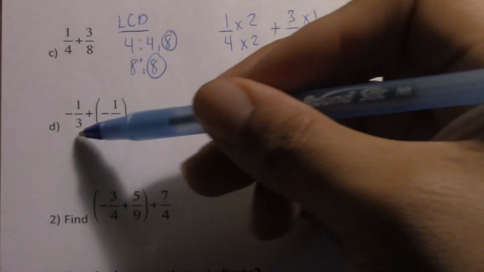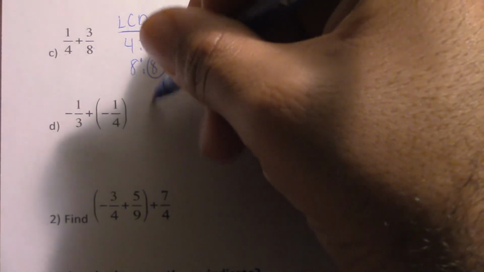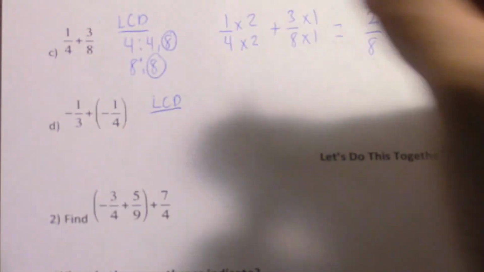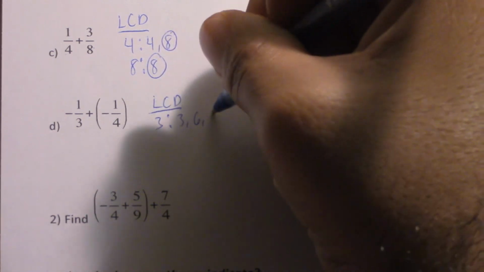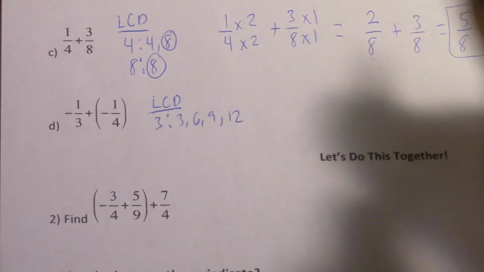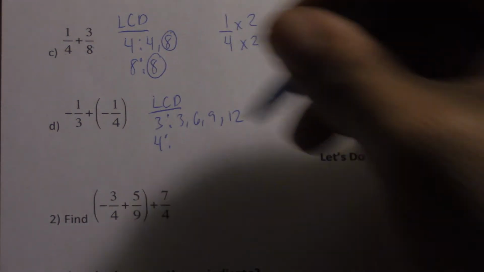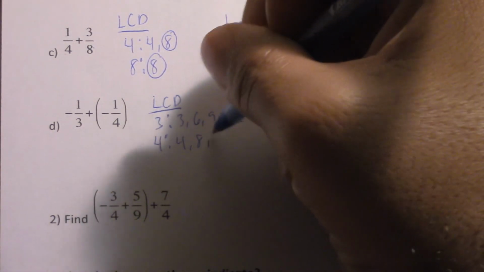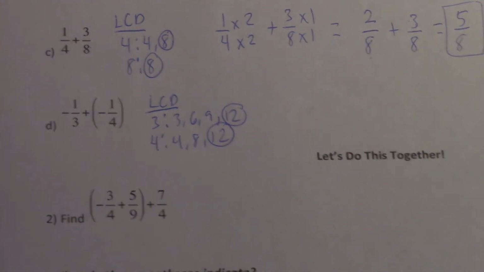We have -1/3 plus -1/4. Looks complicated, it's not. Let's write our LCDs. Some common multiples of 3 include 3, 6, 9, and 12. Common multiples of 4 include 4, 8, and 12. There we go. There's our LCD, 12.